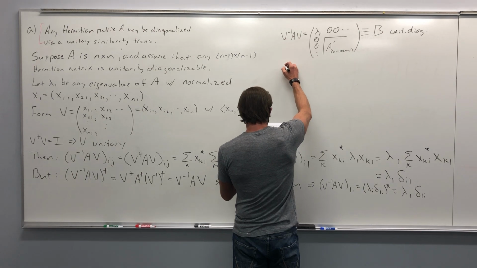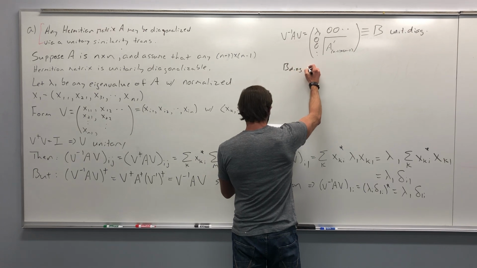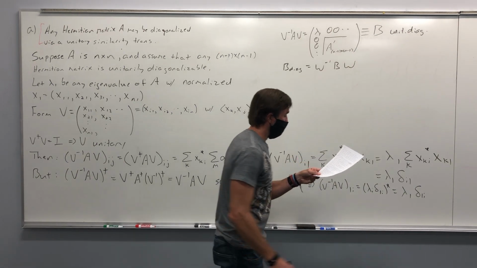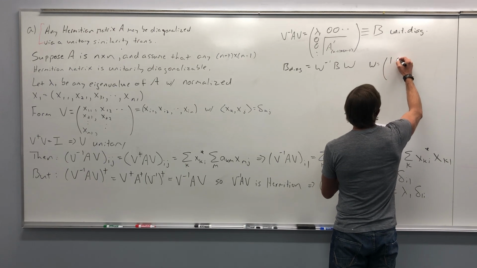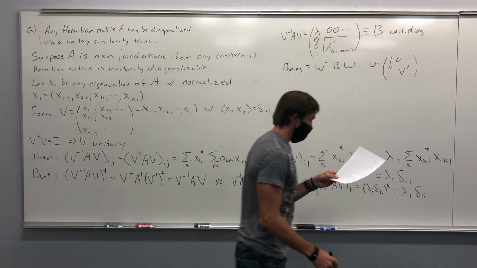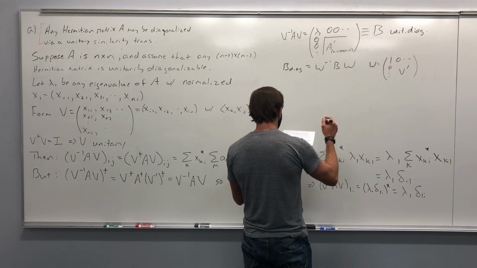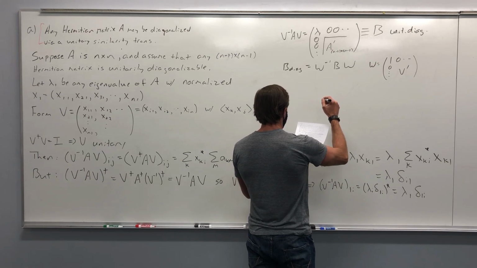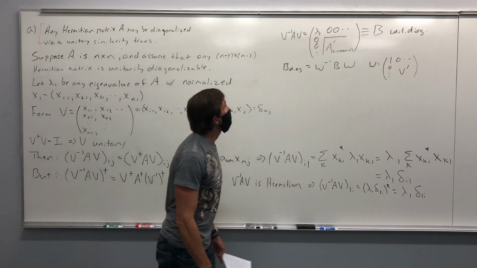So B might be diagonalizable via a transformation of the form W inverse B W, where W is equal to 1, 0, dot, dot, dot, 0, dot, dot, dot, V prime, and since V prime is unitary, so too is W. Okay?